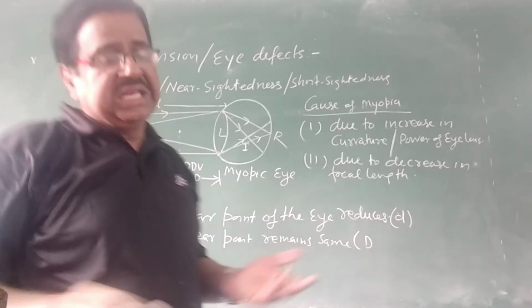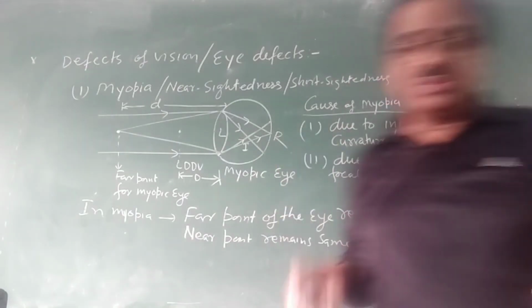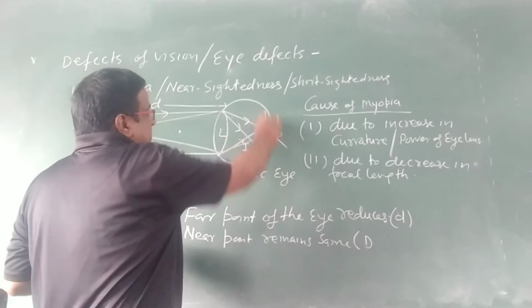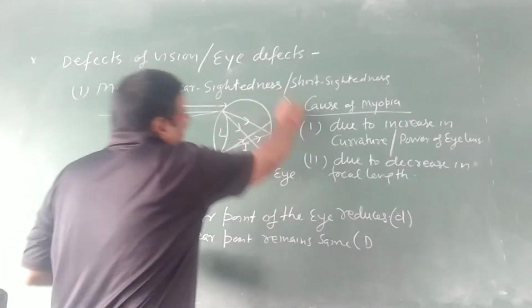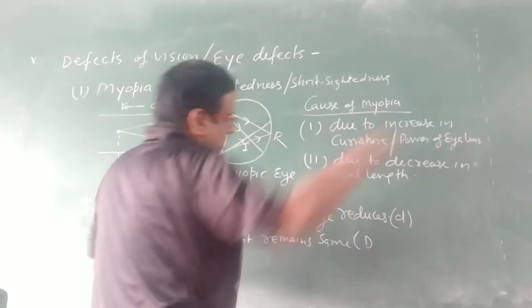This is the reason, or you can say elongation of the eyeball. If this eyeball is fixed here and it is elongated, what will happen? The retina will move back.